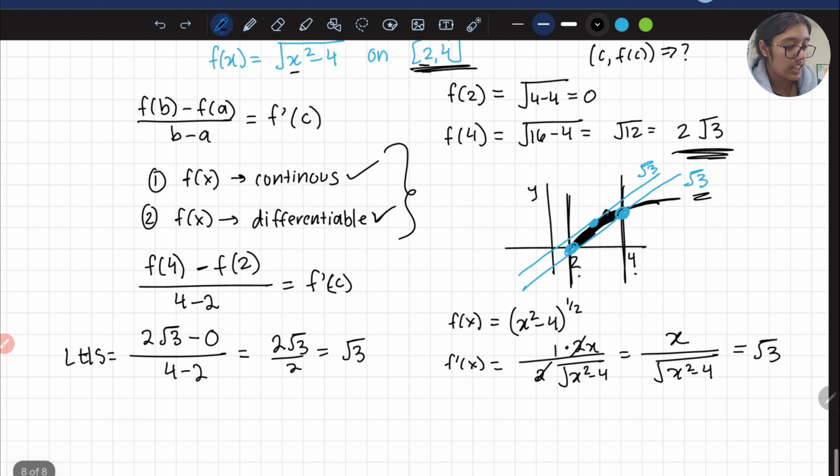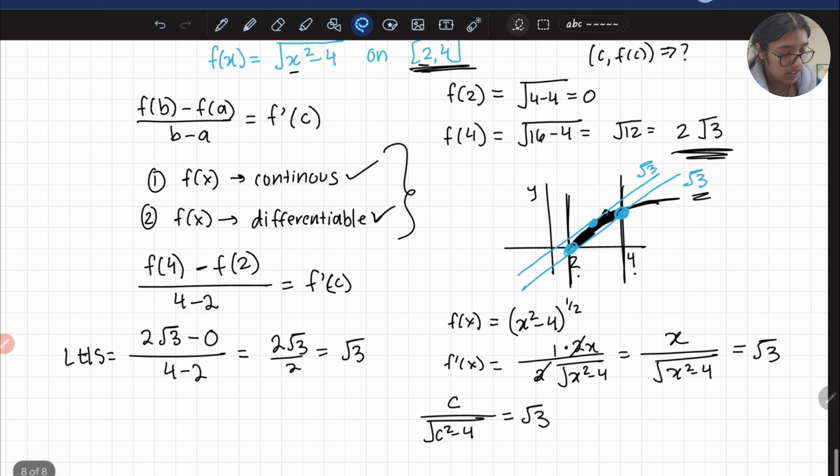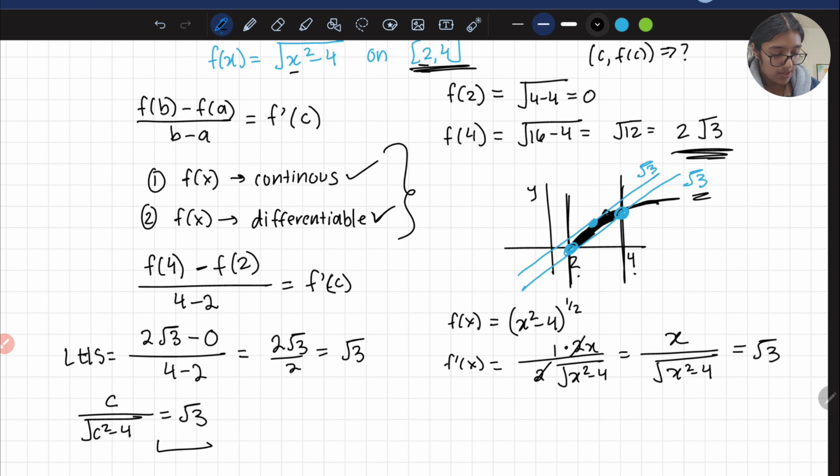We're going to have c over square root c squared minus 4 is equal to root 3. And let me move this to this side. We're running out of space here, but now let's actually square both sides. So we have c squared over c squared minus 4 equals 3.